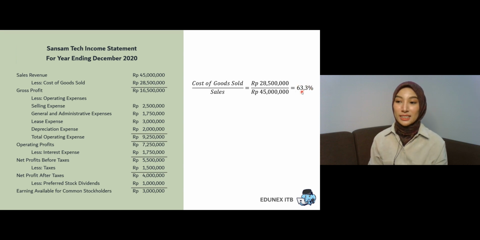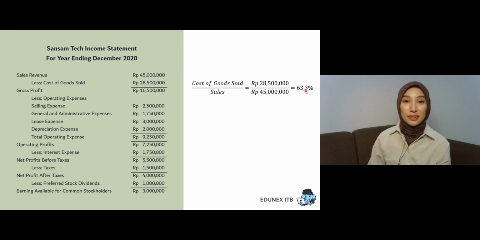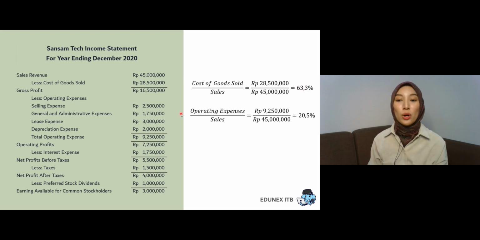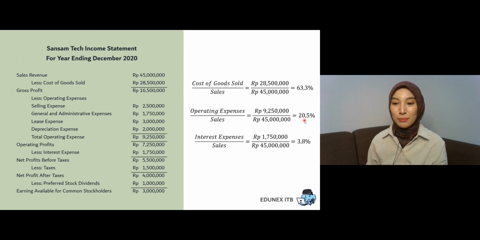We find here 63.3%. For the operating expense, we do the same: operating expense divided by sales, we have here 20.5%. And interest expense, we also divide by sales, so we have here 3.8%.